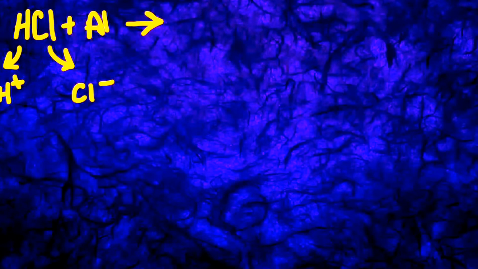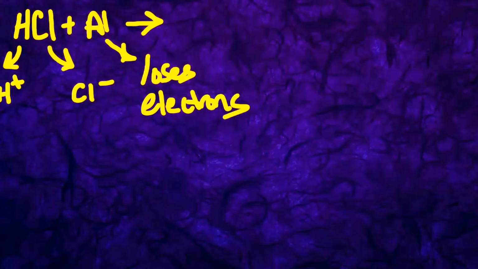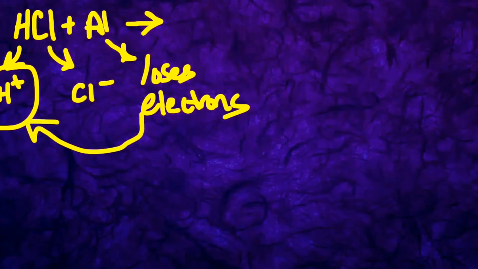And in doing that, it is also going to strip electrons, because our H+ over here does not have enough. And so these electrons will hook up with the H+, and we'll get AlCl3, because that's the ion that aluminum is going to make, and every aluminum will lose 3 electrons.